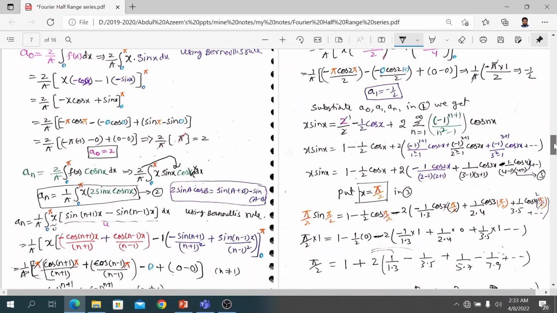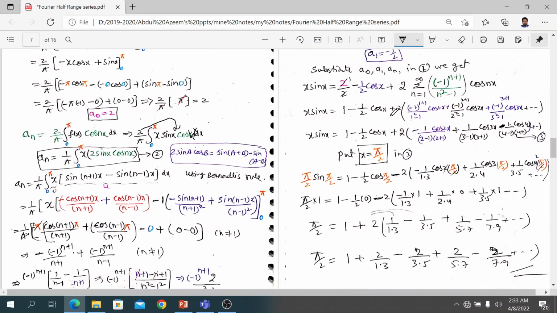Now we substitute a naught, a1, an in the first equation. So x sin x equals: a naught value is 2 by 2, minus 1 by 2 cos x, plus 2 into sigma n equals 1 to infinity, an value minus 1 power of n plus 1 by n square minus 1 cos nx.